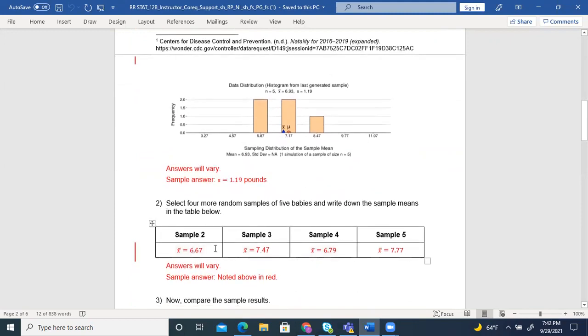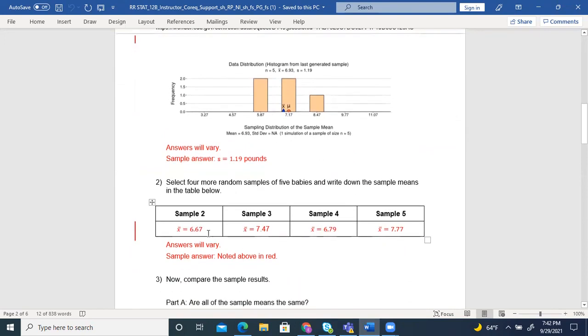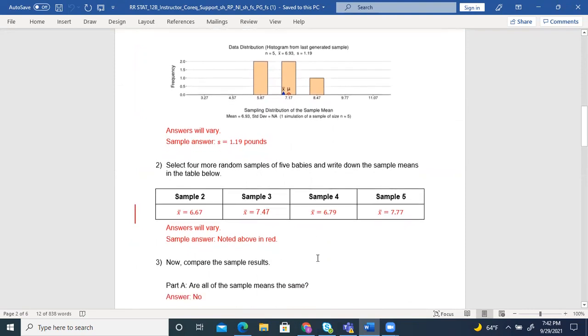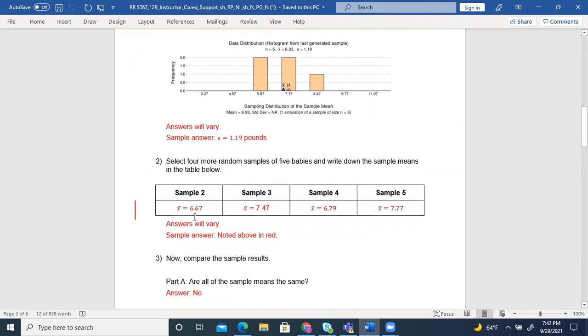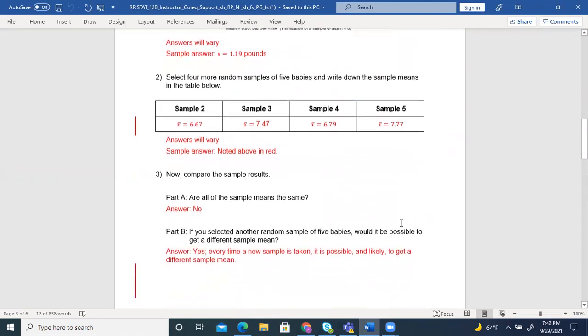As you see, every time I do that, I have a different X bar. These are some of the X bars that I got when I worked with the Shiny app. Remember, your answers will be different numbers, but I'm sure these numbers will always be close to the population mean.